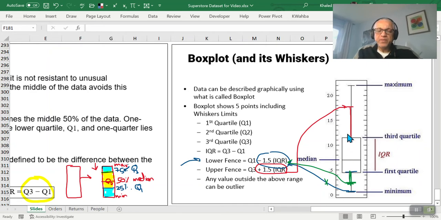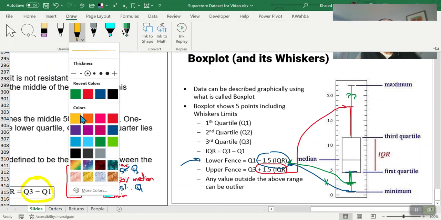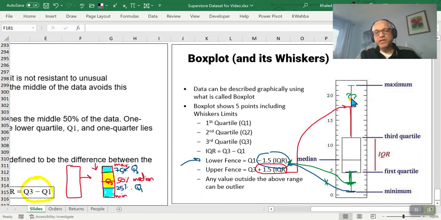Why do we need them? Because they help us. If we have any data point between the maximum and the upper whisker, we call it an outlier, or even here. Let me take another color, orange or a little bit yellowish. Anything here will be an outlier. Okay, let me erase it.